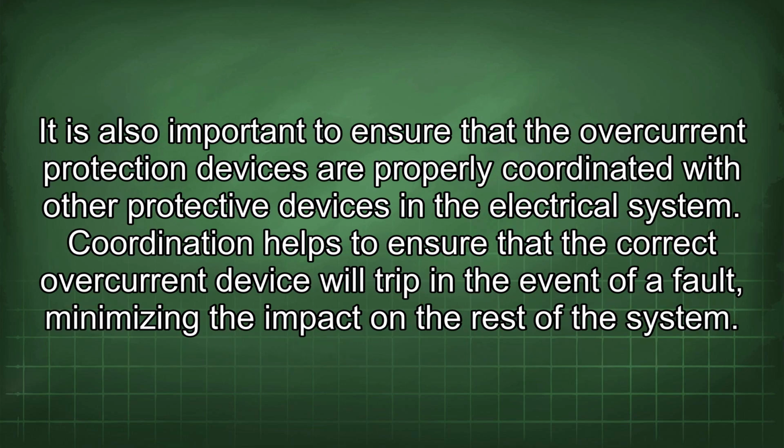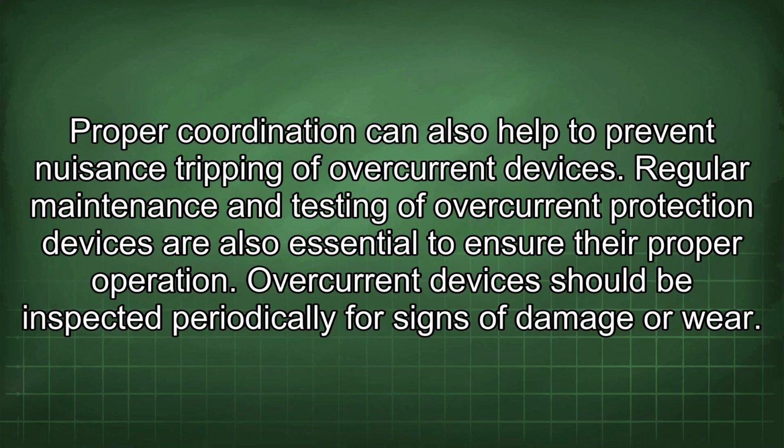It is also important to ensure that the overcurrent protection devices are properly coordinated with other protective devices in the electrical system. Coordination helps to ensure that the correct overcurrent device will trip in the event of a fault, minimizing the impact on the rest of the system. Proper coordination can also help to prevent nuisance tripping of overcurrent devices.